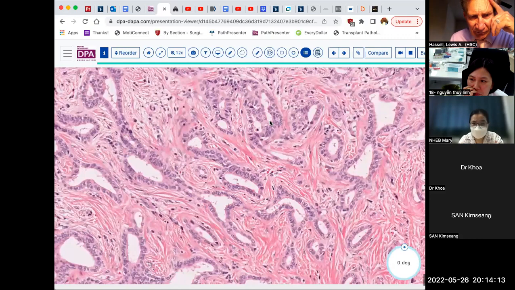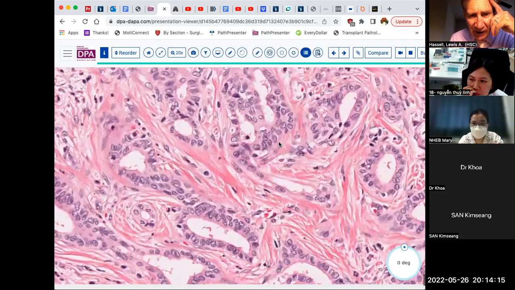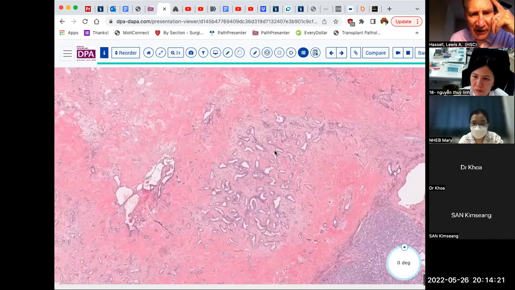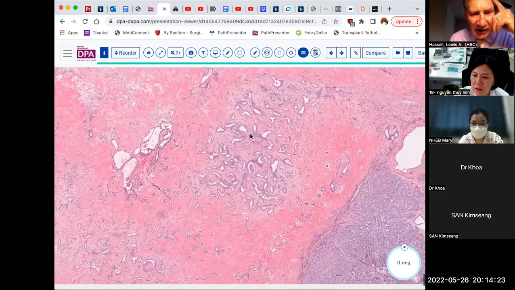We don't see dramatic anaplasia. We don't see tumoral necrosis. So if we just had this pattern, we might say, well, that looks like cholangiocarcinoma.